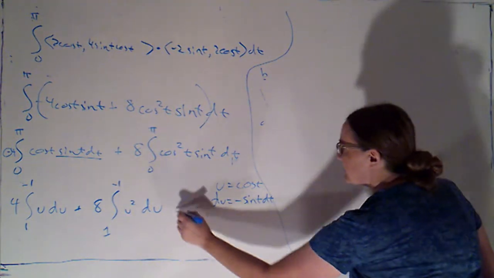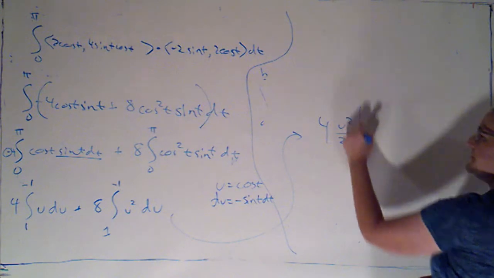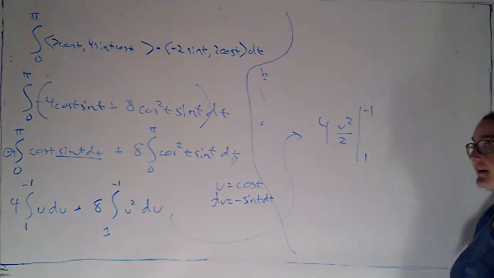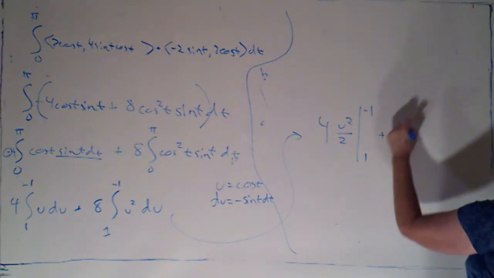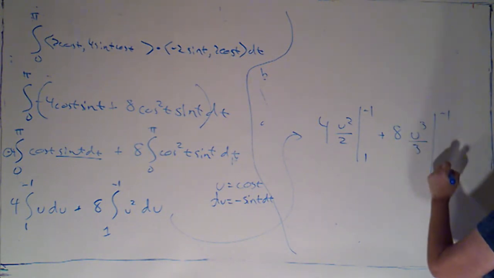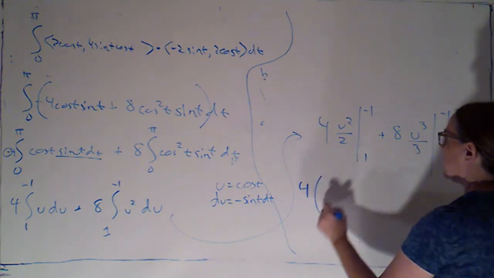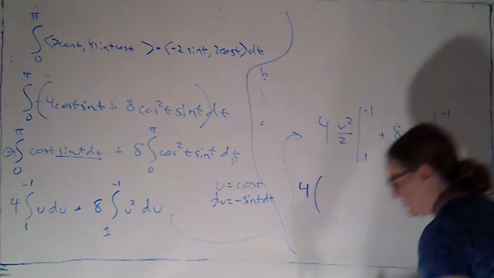So, coming over here, I'm going to get 4 copies of u squared over 2 evaluated between negative 1 and 1, plus 8 copies of u cubed over 3 evaluated between negative 1 and 1. So, that's going to be 4 halves, which is 2.